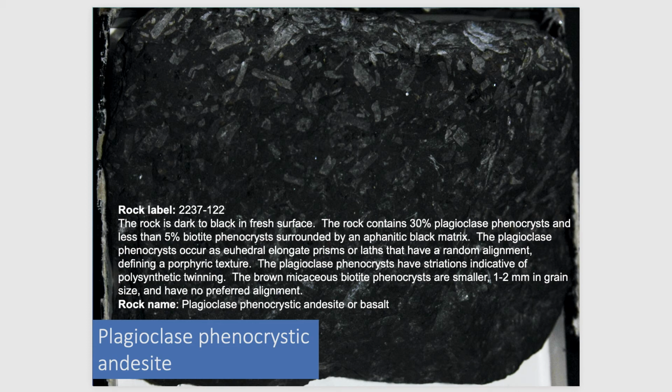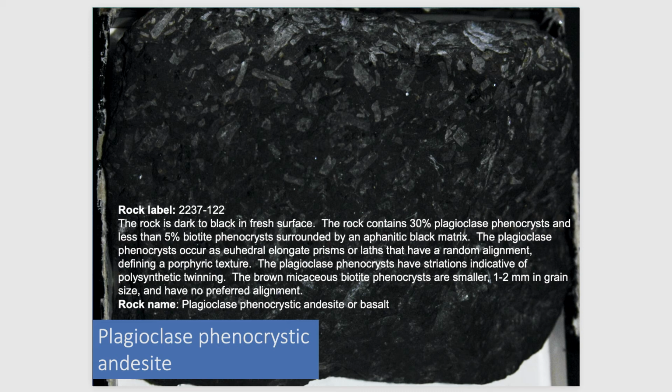So this is a good example of andesite because of the proportion of felsics versus mafics. So quite often a porphyry of this type could be also defined as a diabase. So you can call this also an andesite porphyry, just because of the type of texture that you can observe.